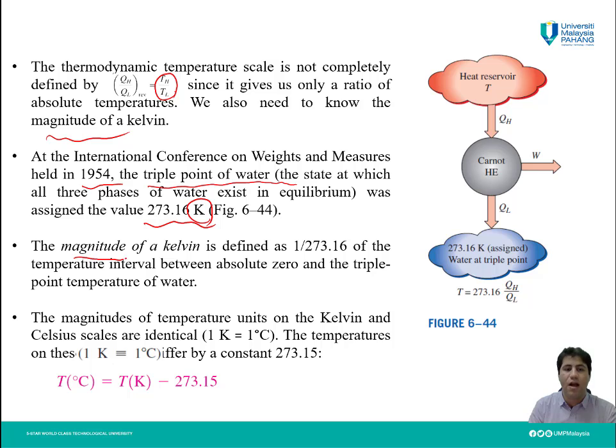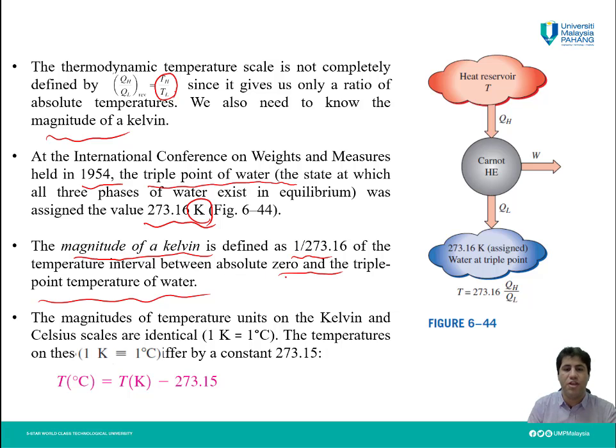So the magnitude of a Kelvin is defined as 1 divided by 273.16 of the temperature interval between absolute zero and the triple point of water.